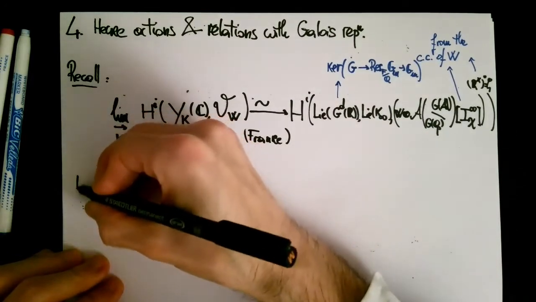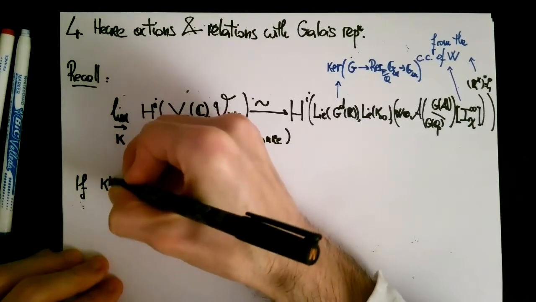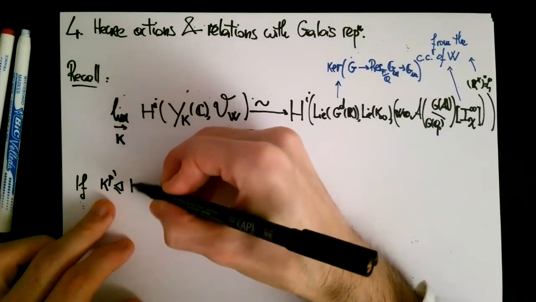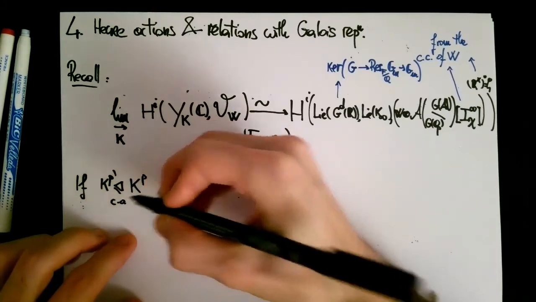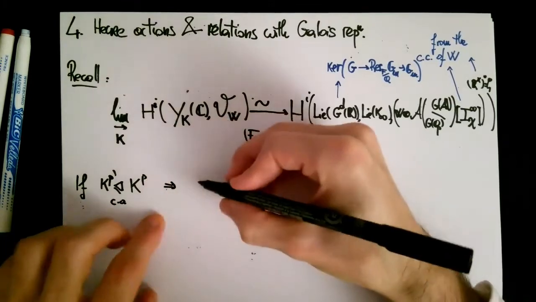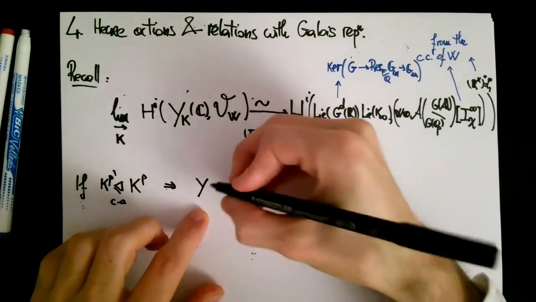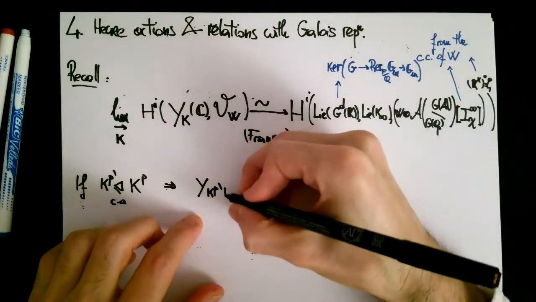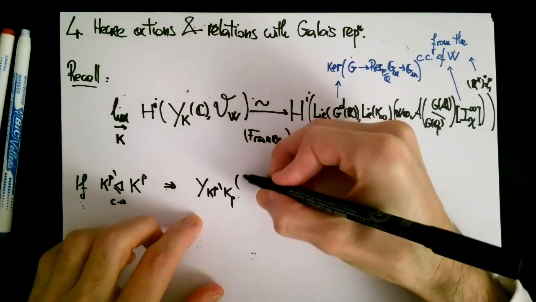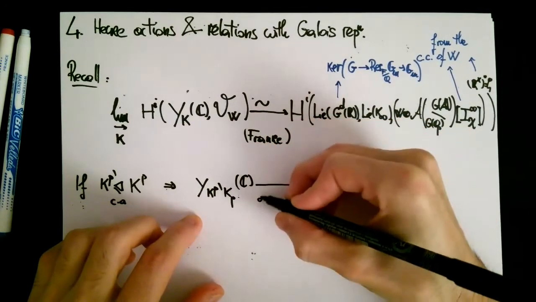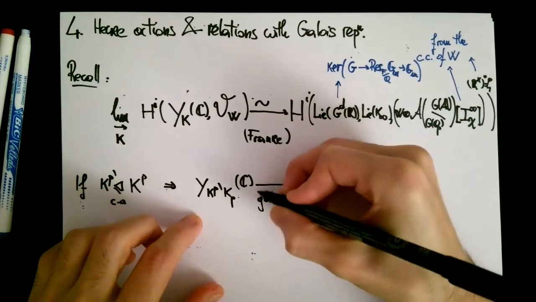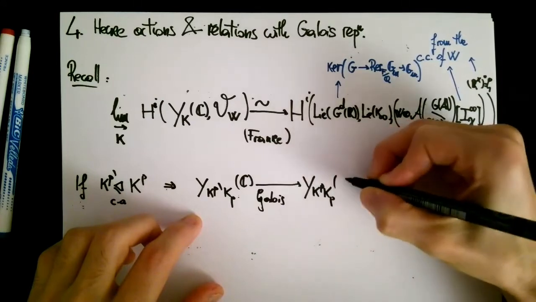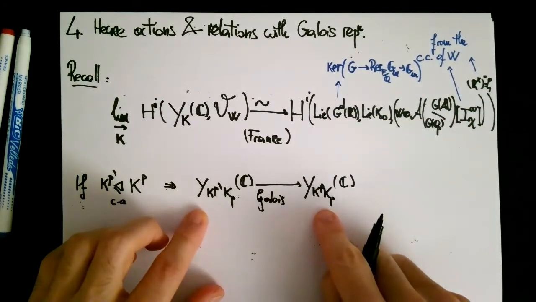If I consider now a tame level K^p prime inside K^p, compact open, I again have a Galois cover, with K^p upper and K^p lower of C. A Galois cover.